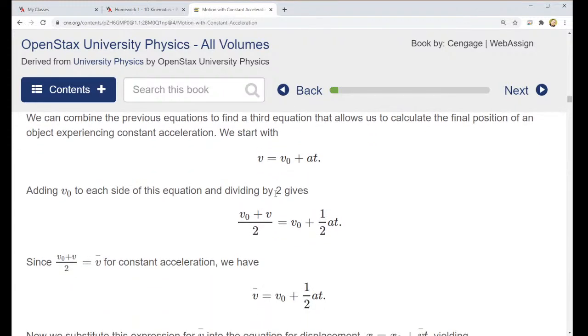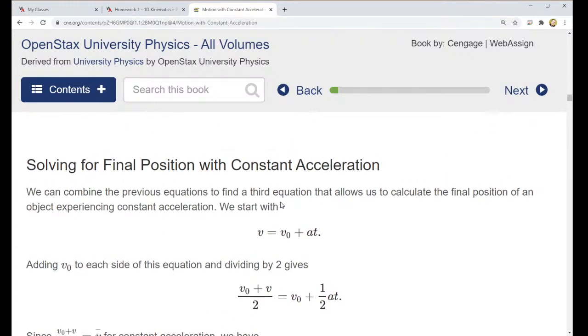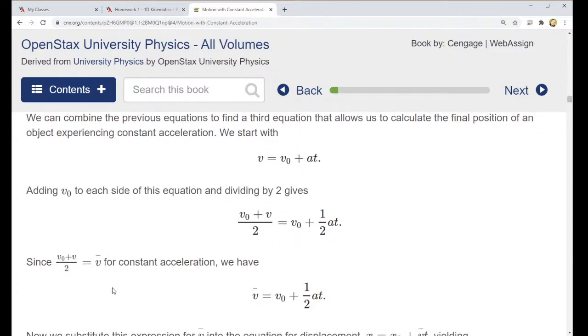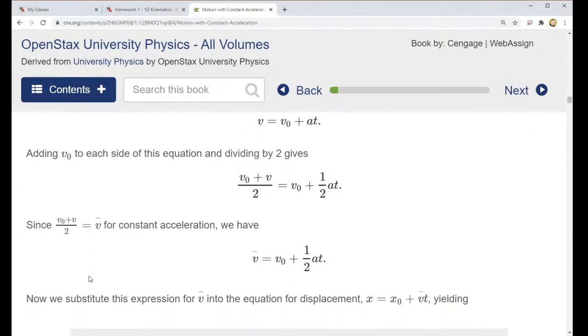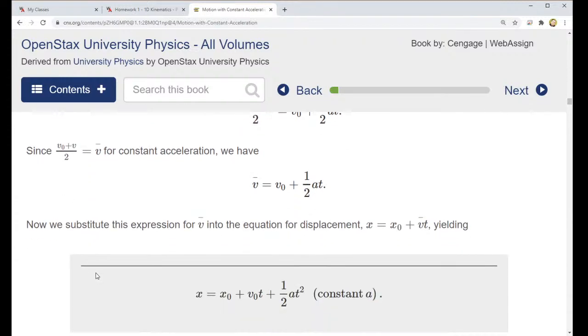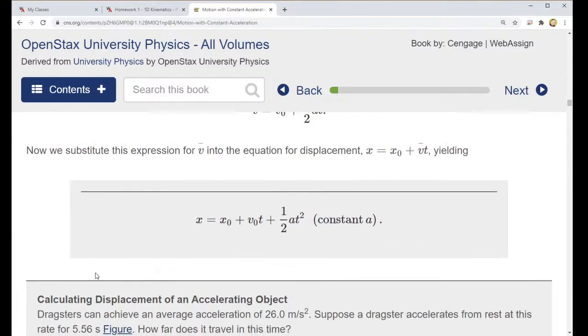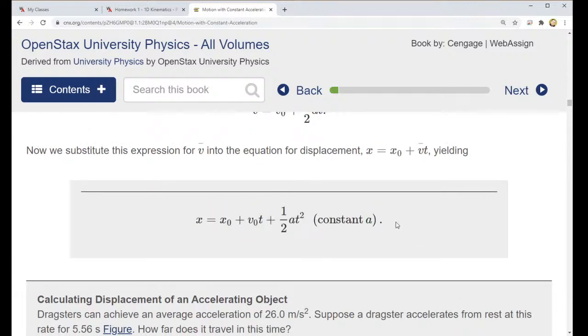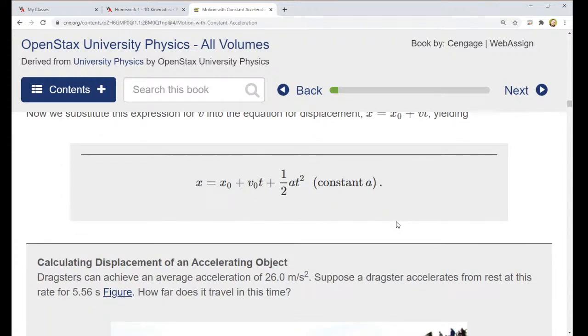Okay, so then what it's saying is, let's take this equation and rearrange it by doing some algebra, then make a substitution for average velocity, and then simplify. You can derive this equation right here.